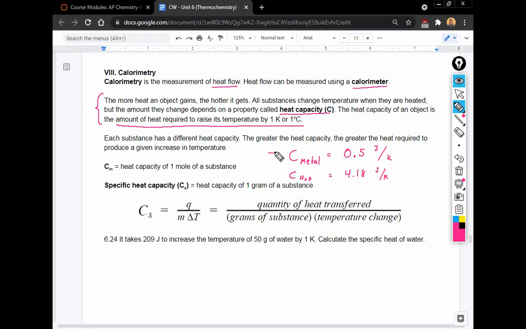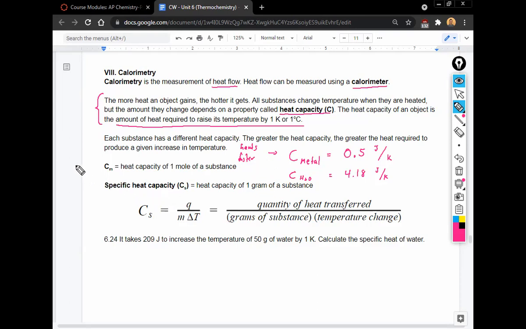So the metal heats up faster because it has a lower specific heat capacity, okay? Make sense? So depending on what the compound is, and even within metals, they all have a different heat capacity. Some metals heat up faster than other metals, and so that's what heat capacity is.